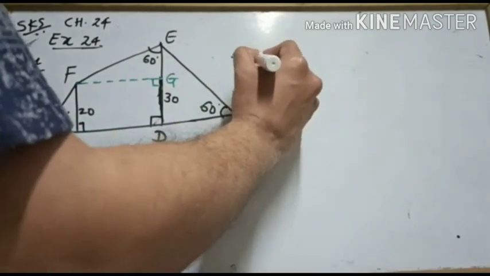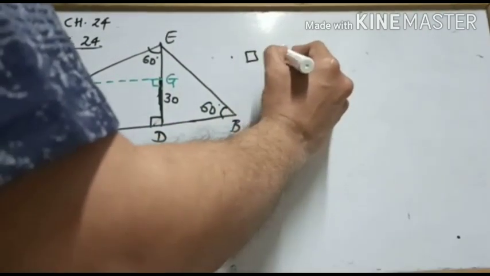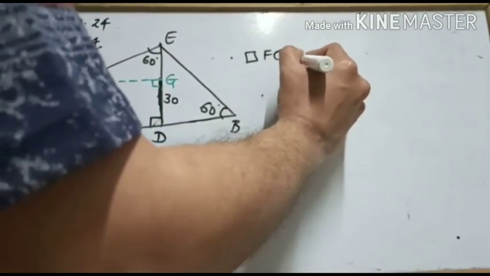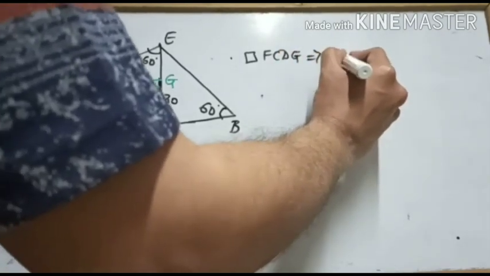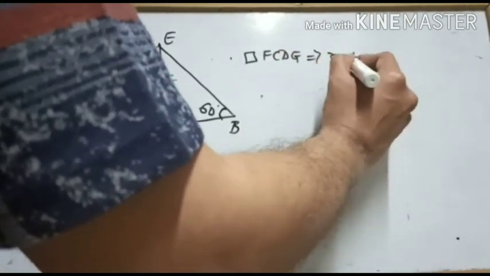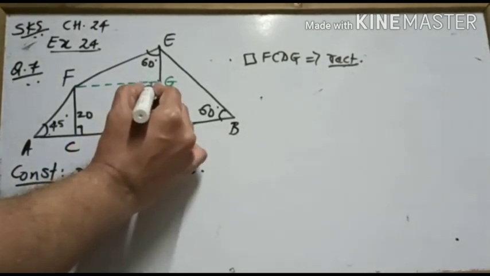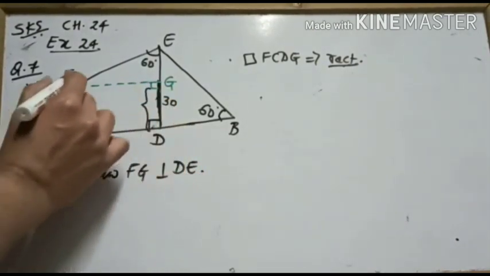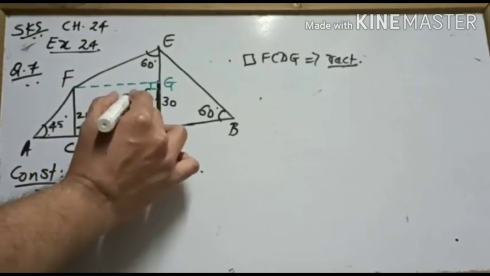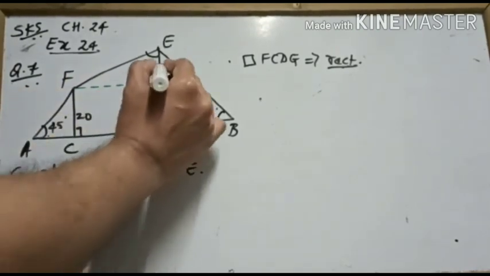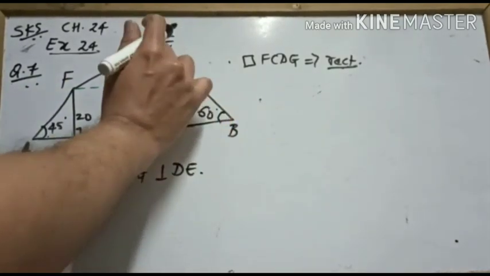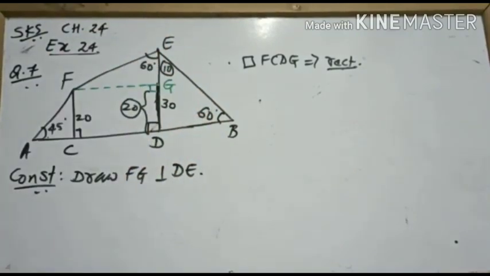If three angles of a quadrilateral are 90, then definitely that quadrilateral is a rectangle. And if it is a rectangle, then GD will be equal to FC. So this part will be 20, and hence EG will be 10, because the entire ED is 30.